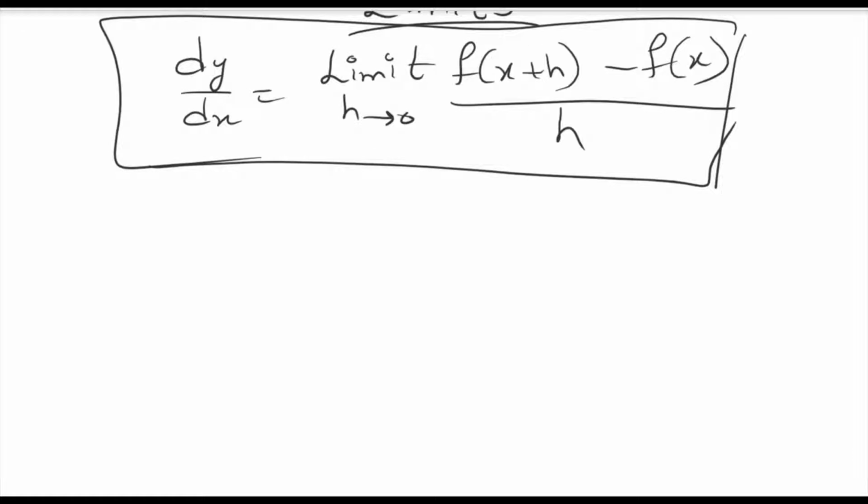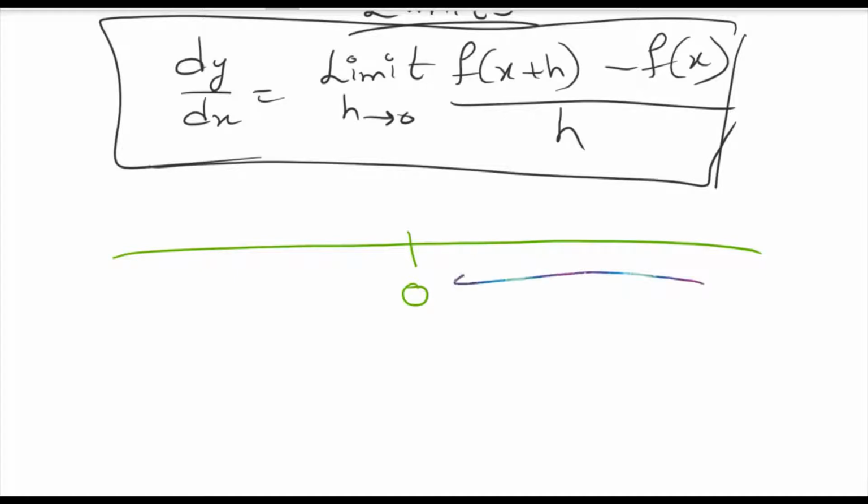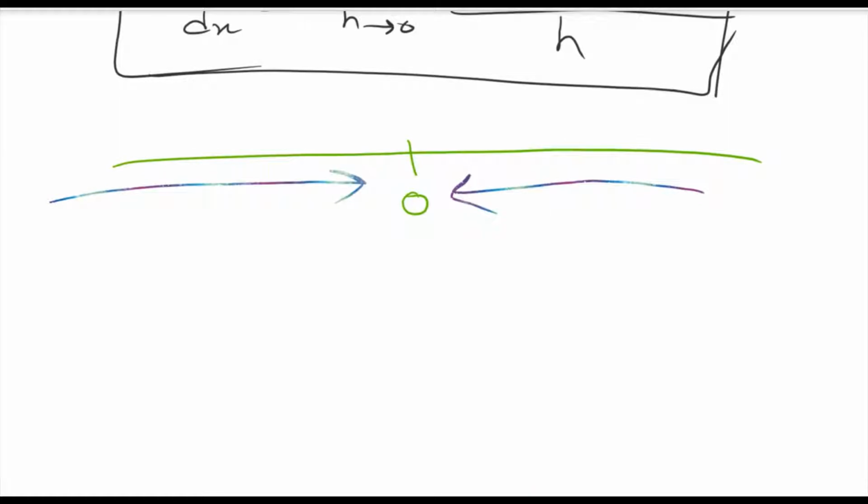When I say that h is approaching 0, I can approach the 0 value in two ways: either from the right hand side or from the left hand side. If I approach this 0 value, or any value, from the right hand side, it is called the right hand limit.